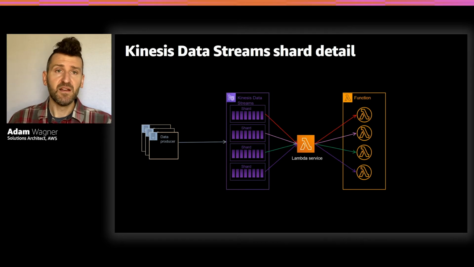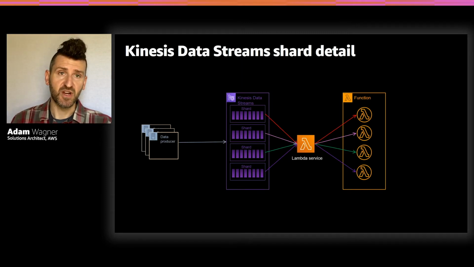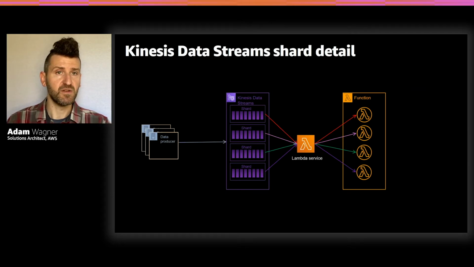So let's get a little more in depth, talk a little more in detail about what that Kinesis stream looks like. So Kinesis stream is made up of shards. That's how you scale how much throughput your stream can do. And so the Lambda service really under the covers is not just polling one stream, it's polling the shards, right? It's polling those individual shards within your Kinesis data stream.